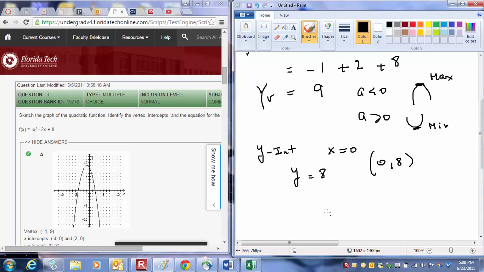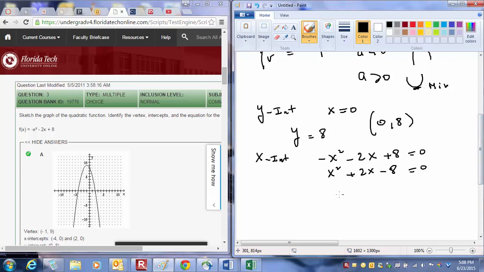To find the x-intercept, we need to set everything equal to 0, so you have negative x squared minus 2x plus 8 equal to 0. If you multiply everything by negative 1 to make the x squared positive, this becomes x squared plus 2x minus 8 equal to 0. Let's factor. You want the product to be negative 8 and the sum to be plus 2.